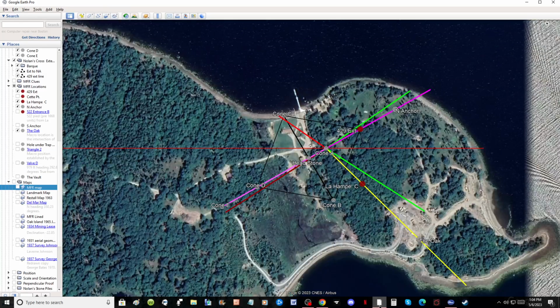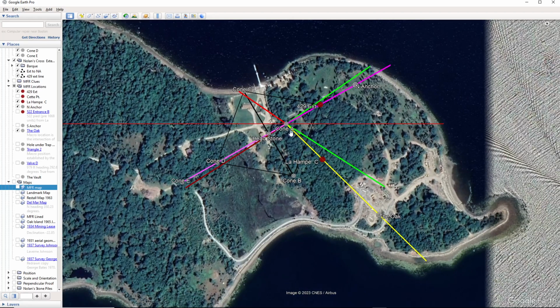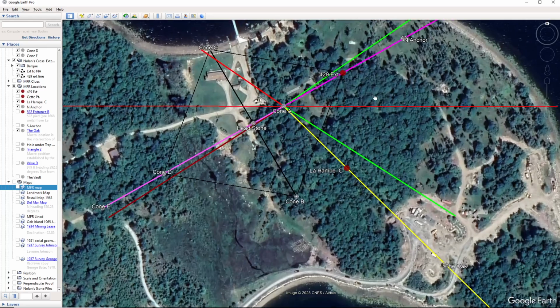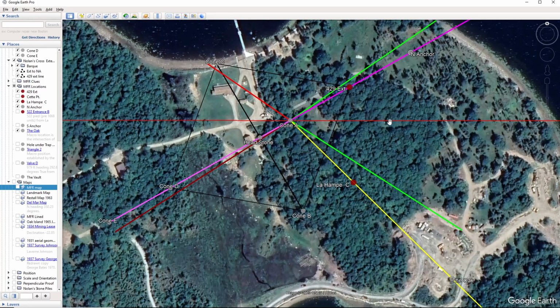So let's go to Google Earth, and right now I have positioned, and I'll explain this. This red line here is just east-west, and the green lines are what are called the apparent sunrise. And apparent sunrise is just a term that means the sun is basically observed at the horizon, but actually it's below the horizon.